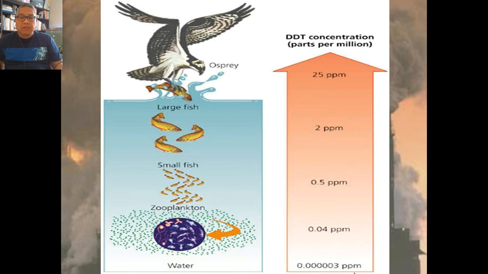Now, if you divide 25 by 0.0000003, so five zeros and three, okay, it's around 8 million times the concentration when you started at the very bottom. And that's huge, obviously, right?